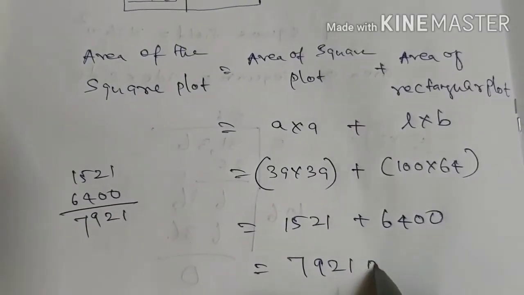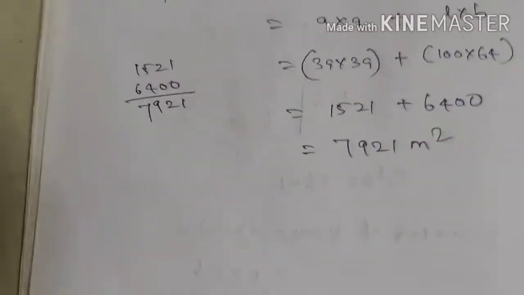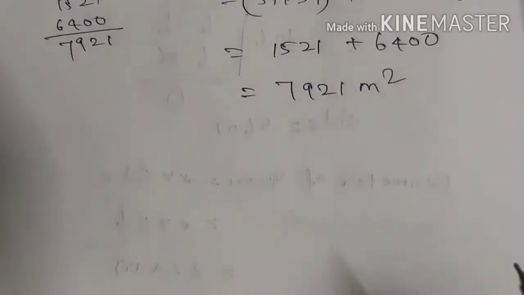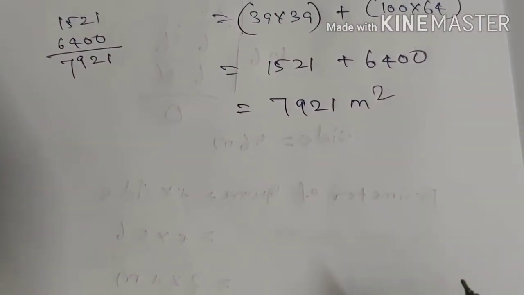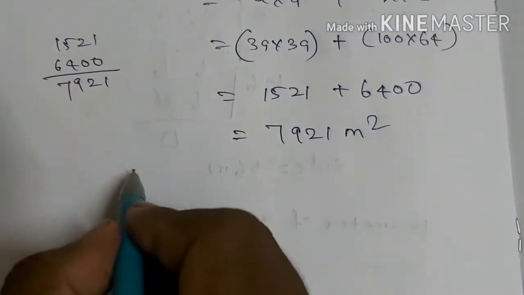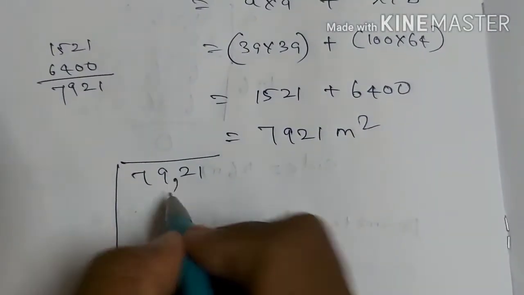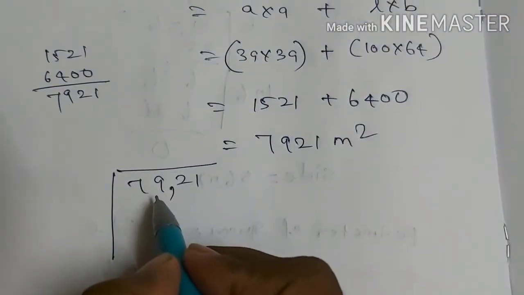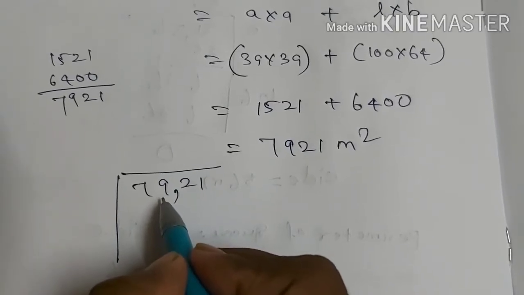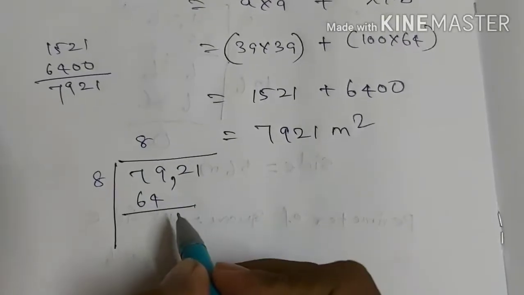Now we are checking the length of the side only, that is what is asked. So we take the long division method. 7921, from the right side I separate 2 numbers, so 79. 79, which one is the equal or nearest square number? 64. So 8 8s are 64. 79 minus 64 is 15.